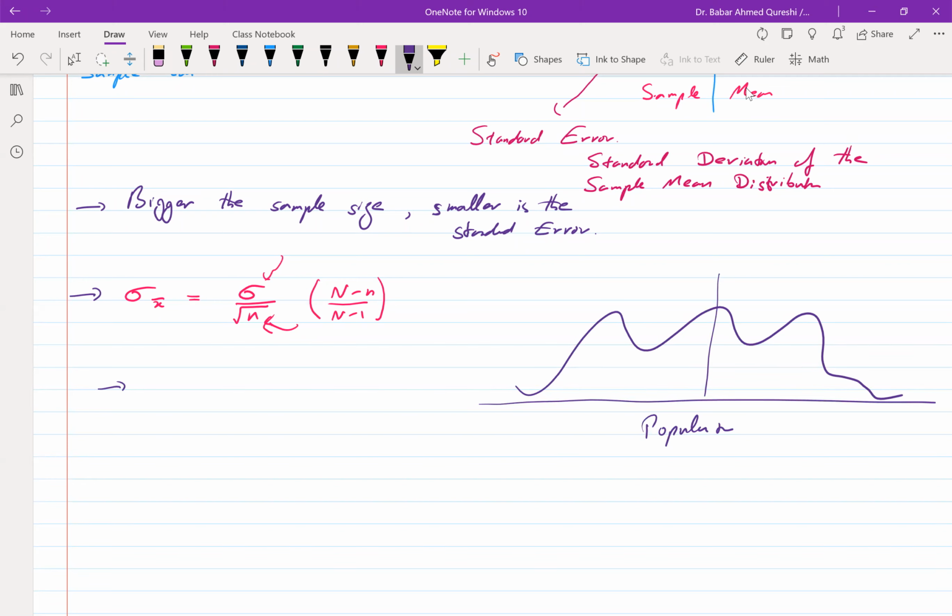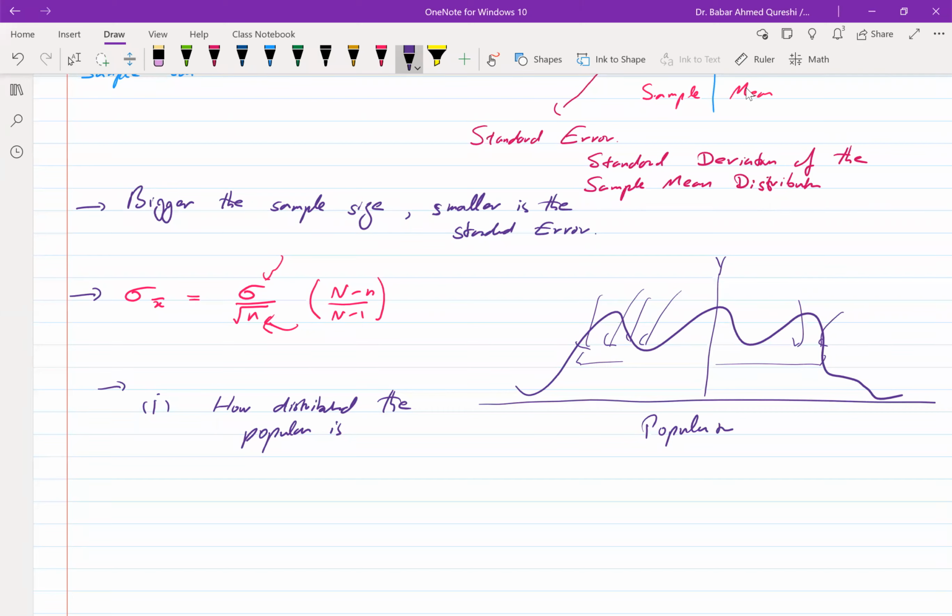You want to hit the mean over here by picking a sample, and your chances depend on two things. One, how distributed the population is, because if it's distributed a lot, then since you're picking only a finite number, you might pick from places which are far away from the mean, or maybe a lot from one side compared to the other.